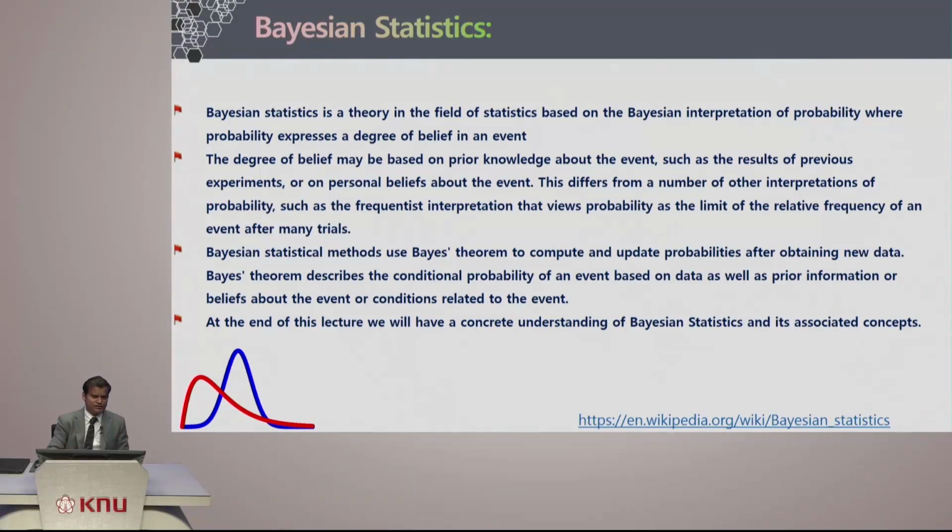So such interpretations can also be interpreted using frequentist interpretation. In other words, how frequently things are going to be happening and how we can interpret and infer things from those conditions or conditional probabilities or events.